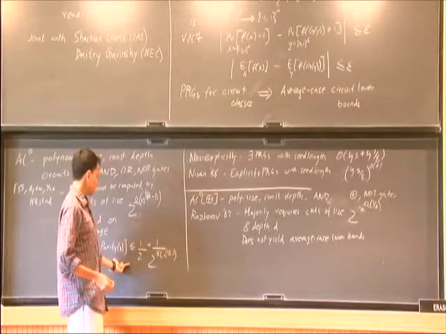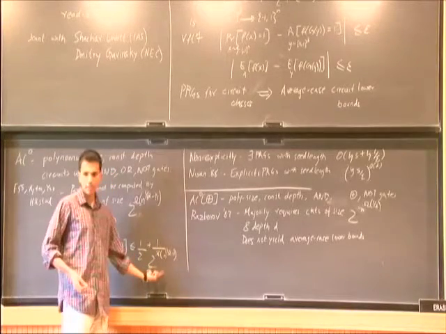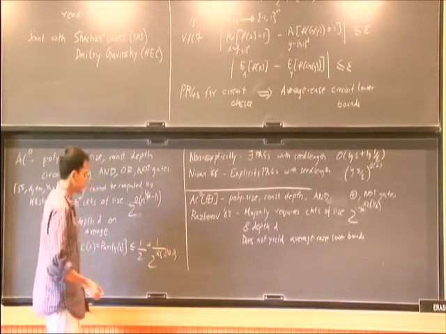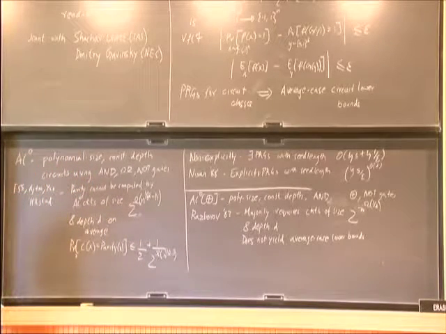We can make statements of this form where we replace this factor by something that's inverse polynomial. It depends on whether you go to exponential size or not. But 1 over root n is not even true for exponentials. That's the limit of the method. So 1 over root n is even for polynomial size.